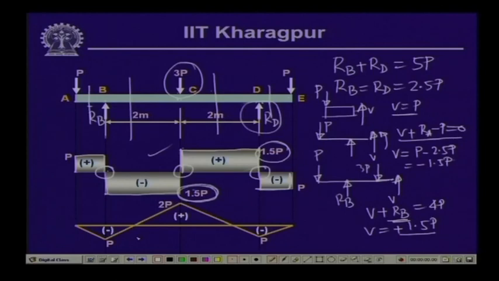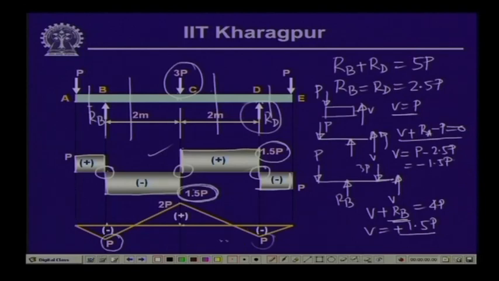Now, if we compute the values of the bending moment at these sections, you will find that we get a value of P kilonewton meter at this particular point. We get a bending moment of 2 P kilonewton meter at the central point, and at this point again we get P kilonewton meter, which is minus at this particular point.